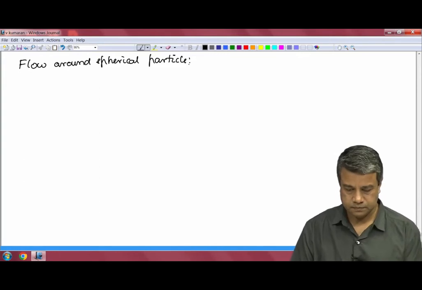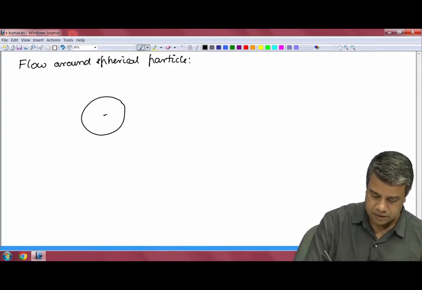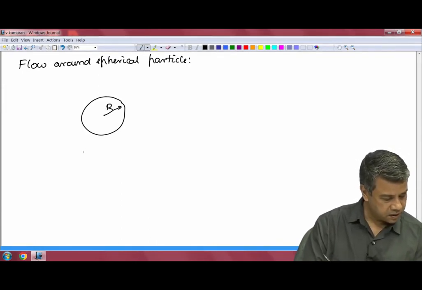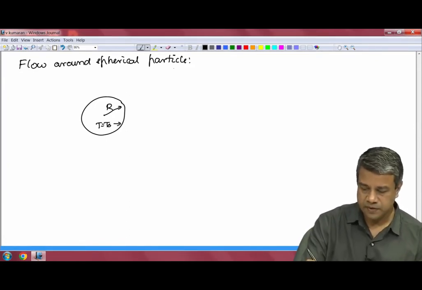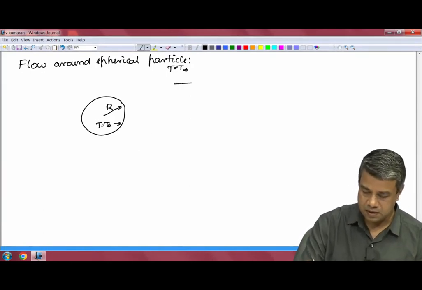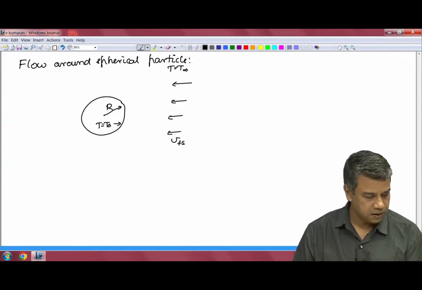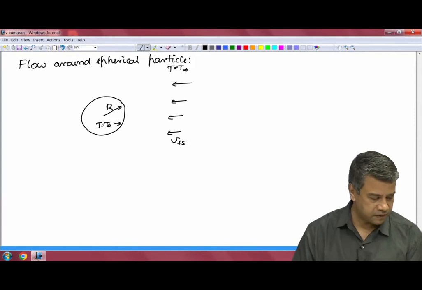So, we have a sphere of radius r, with temperature T equal to T naught at the surface and T equal to T infinity far away, in a velocity field with free stream velocity Vfs far from the particle. And we would like to find out what is the Nusselt number correlation for this case.